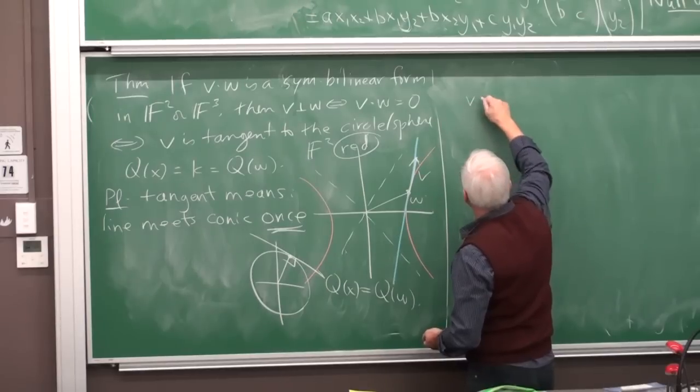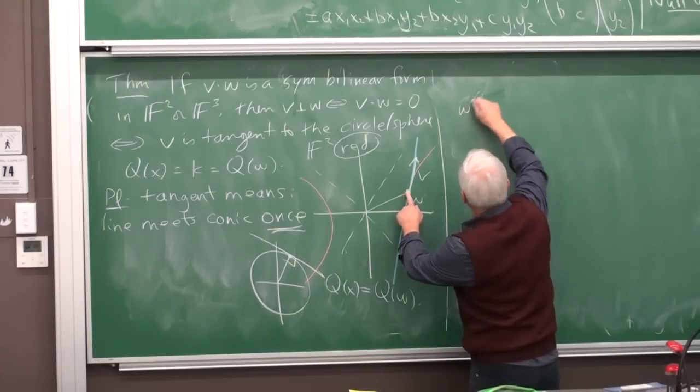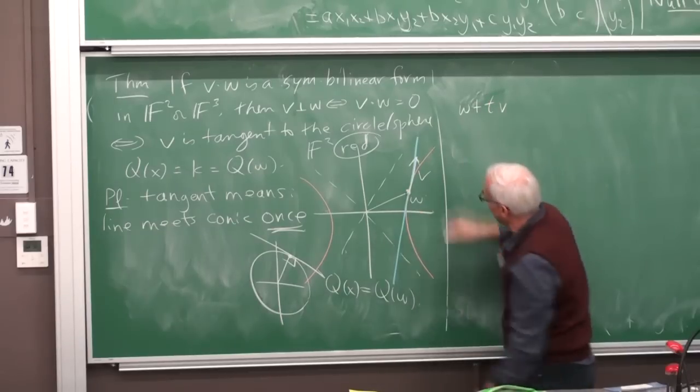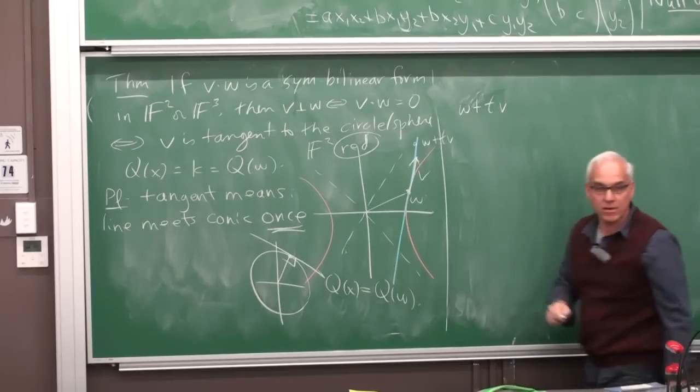Suppose we look at, we'll start with W. So we'll look at W and we'll look at the line W plus TV. That's this line here, typical point W plus TV.